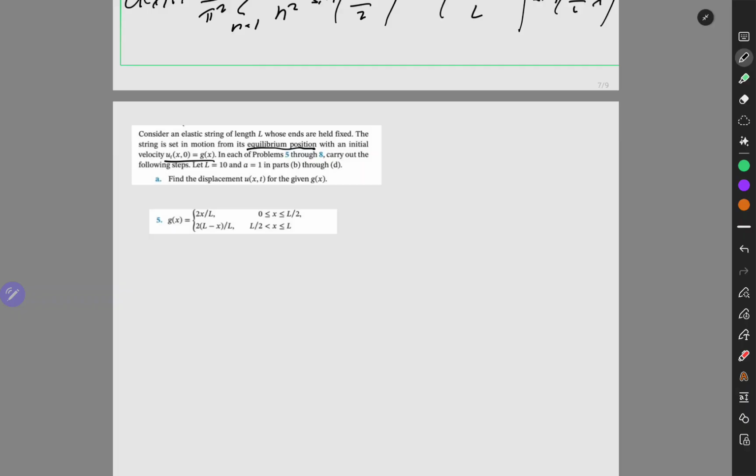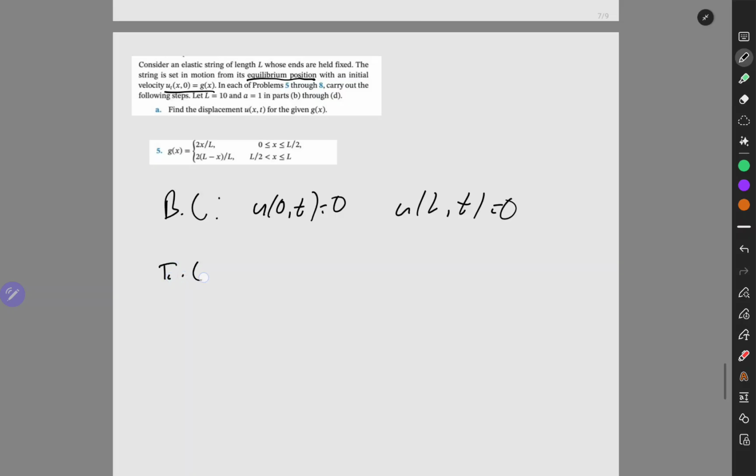Sorry, not the boundary conditions, the initial conditions are going to flip. I'm not sure what I said.